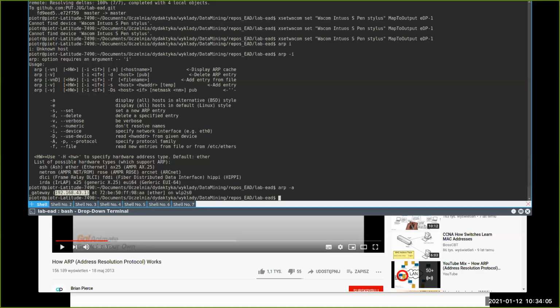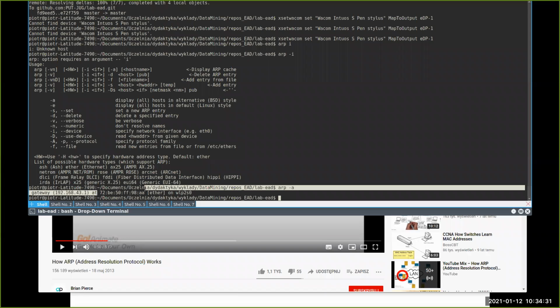So how does ARP spoofing work? There are two methods. The first method is that a new node sends information that I am a new gateway. My IP address is like that, but my MAC address is different.